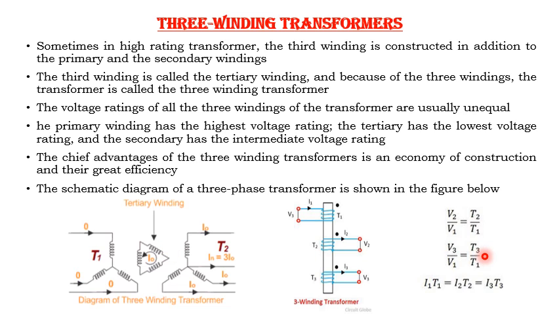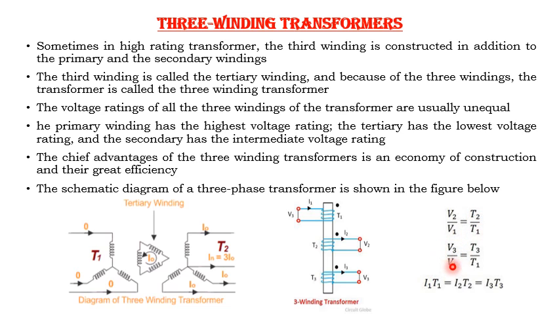The transformation ratios of the three winding transformer are given here. This is the transformation ratio of the primary and the secondary winding: V2 by V1 is the voltage ratio, and T2 by T1 is the turns ratio.